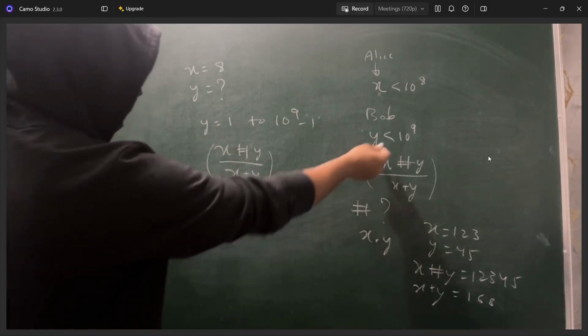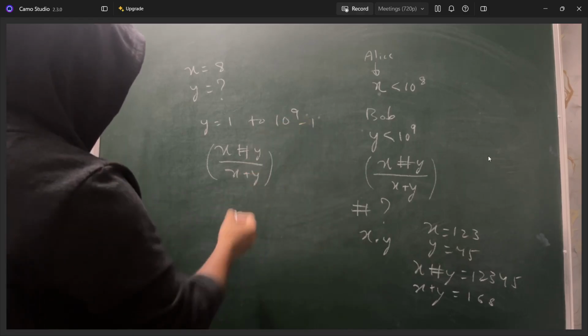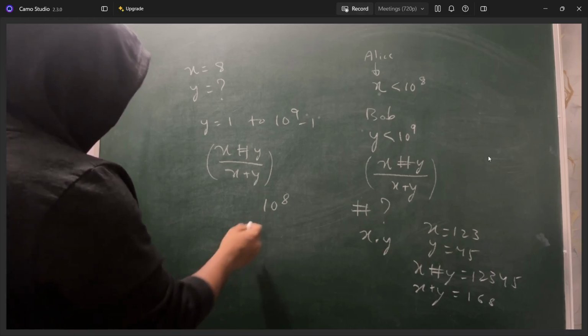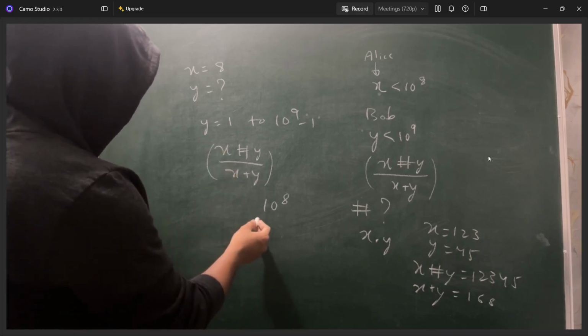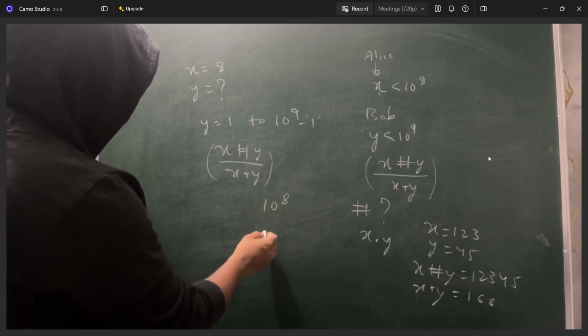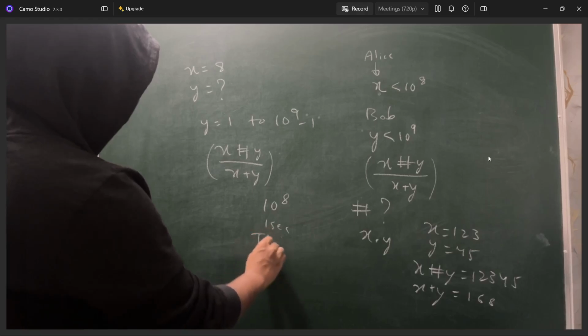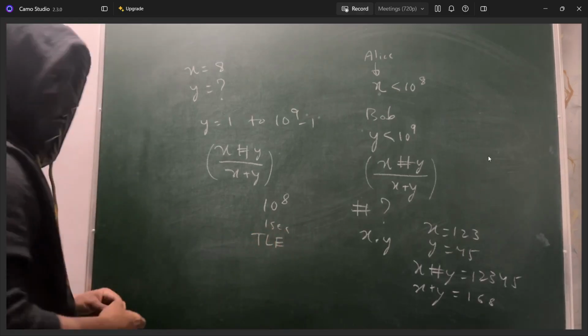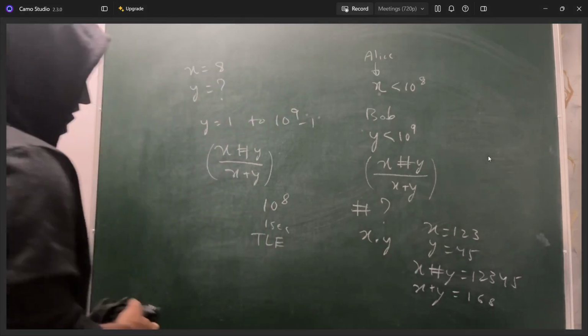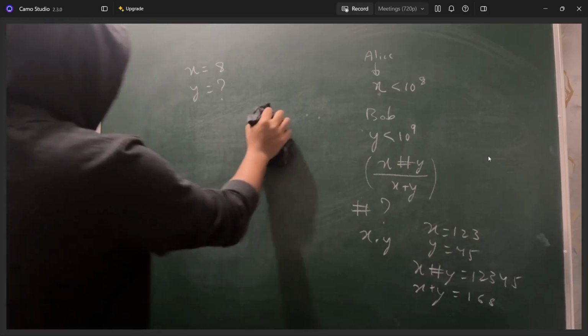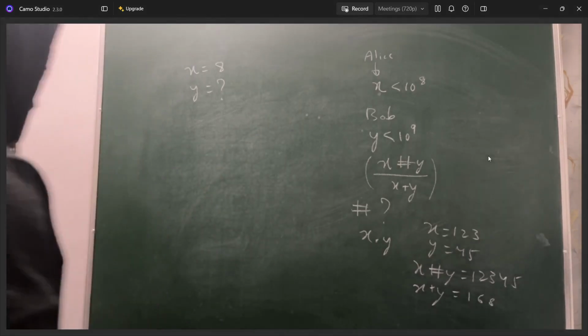But since you have to go till 10^9, even a for loop going up to 10^8 will exceed 1 second. So this solution will give TLE.